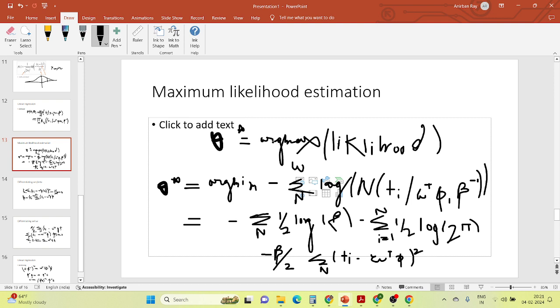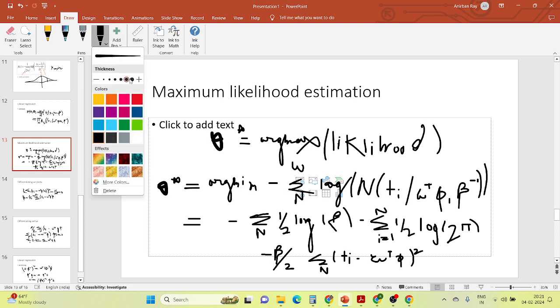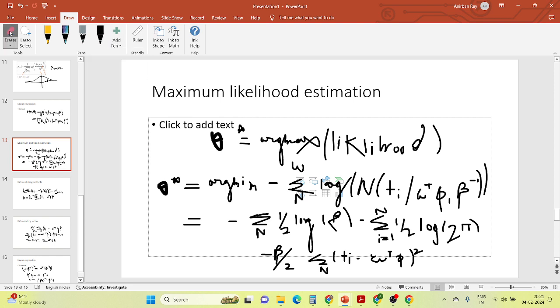So what is that? Arg max with respect to theta. Theta is w and beta. These are the two parameters with respect to which I need to maximize the likelihood.